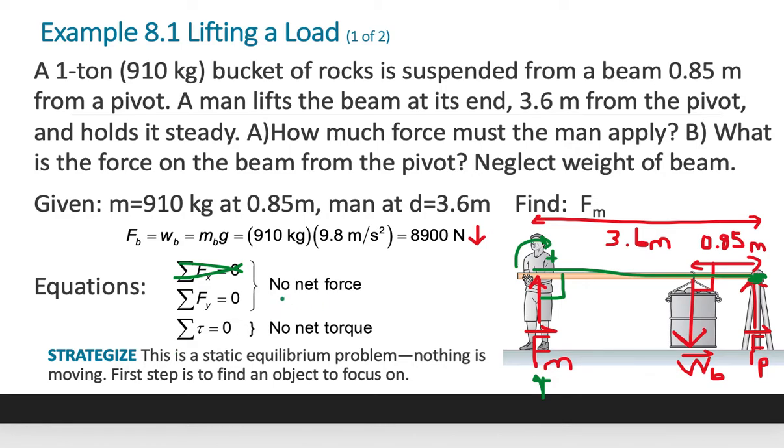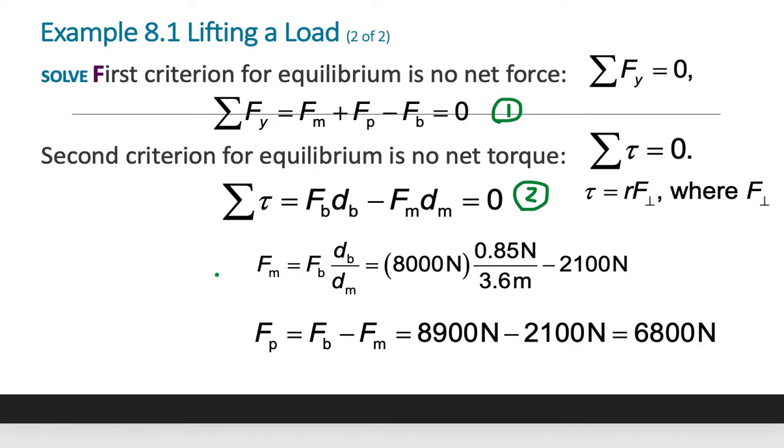Oops, sorry, that's clockwise. Clockwise is negative. So we have the force of the man at the distance of the man with the negative sign in it right there.